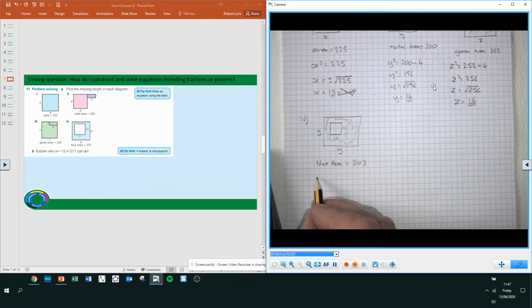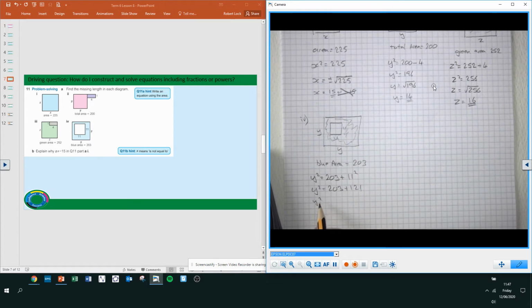So it would be y squared equals 203 plus 11 squared. 11 times 11, 11 squared is 121. y squared equals 203 plus 121.